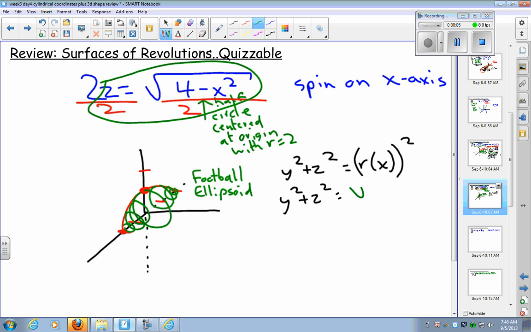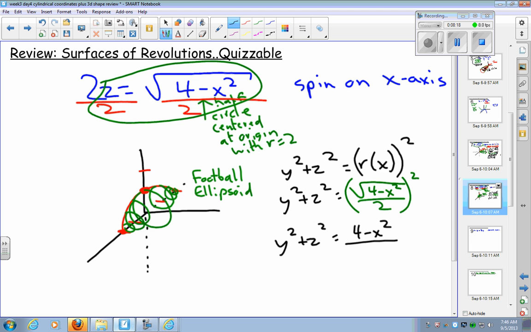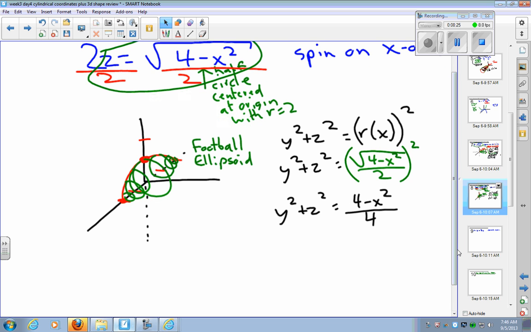That would be 4 minus x squared all over 2 squared. That simplifies to y squared plus z squared equals 4 minus x squared all over 4. Okay? And if you want to see why I called it an ellipsoid, this simplifies to y squared plus z squared plus x squared over 4 equals 1.